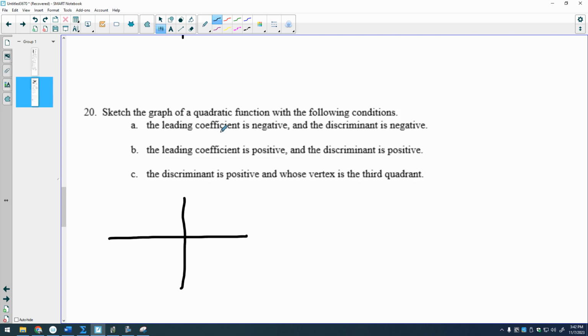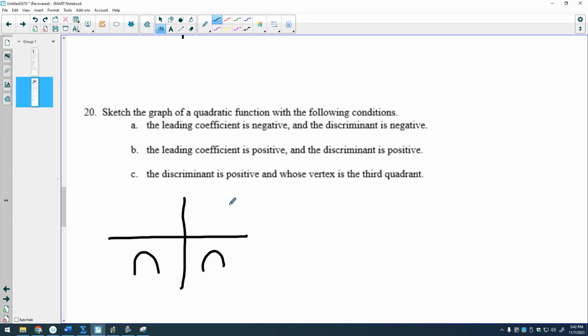So I need to graph a function that is upside down that doesn't cross the x-axis. There's an infinite number of options, just anything that looks like a quadratic, upside down, not crossing the x-axis. Discriminant negative, doesn't cross the x-axis. Negative coefficient, upside down.